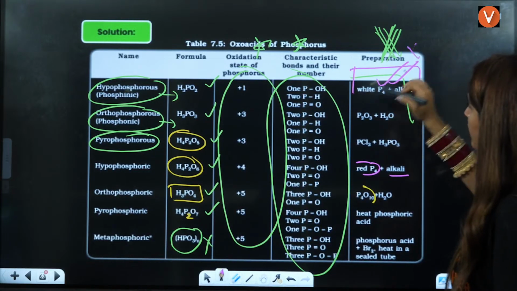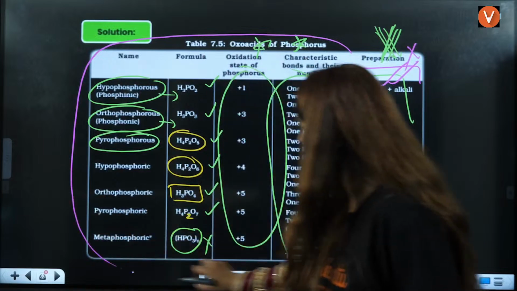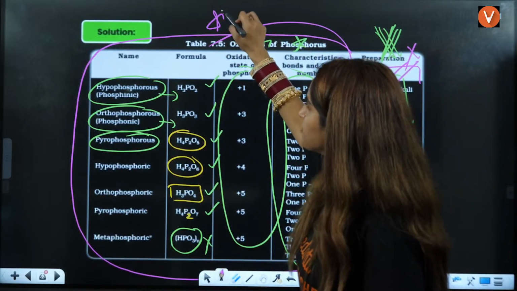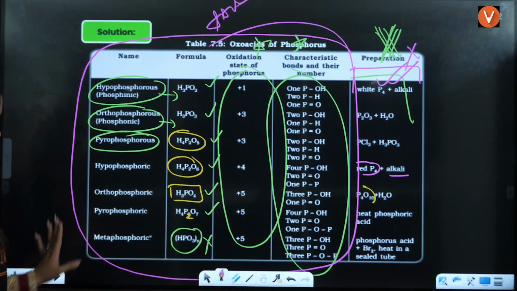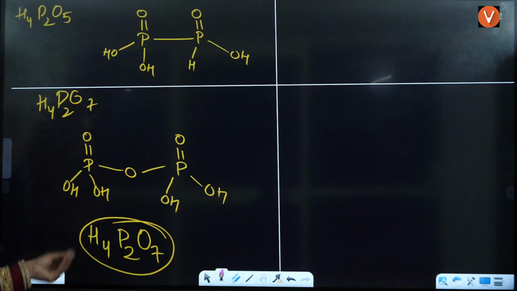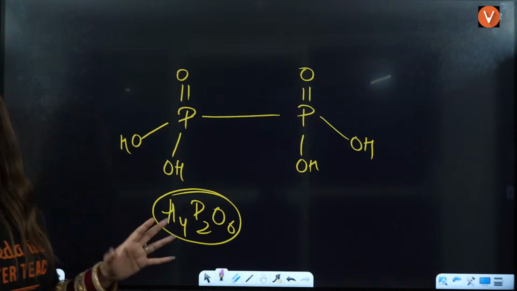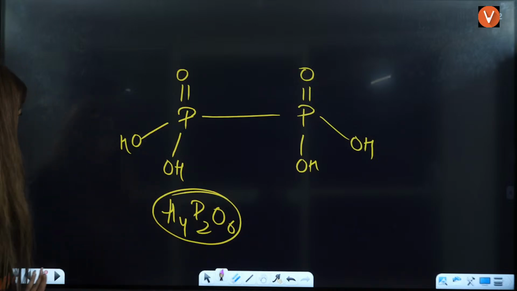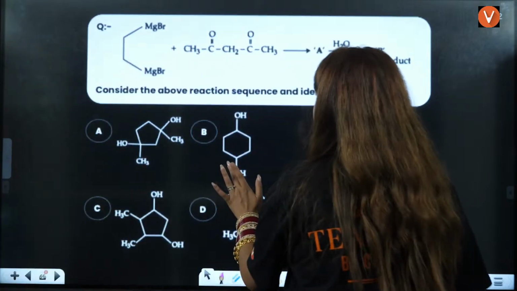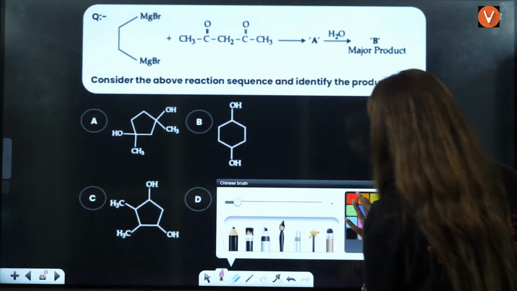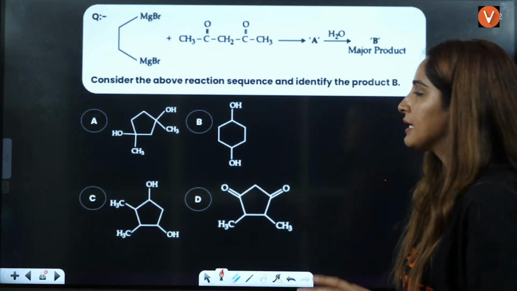These 4 columns you should remember, right? Okay, understood? So I have given you a detailed portion of what they can ask you. They can ask you about the number of bonds. They will give you some oxo acid; especially the oxo phosphorus acids are very important, right?